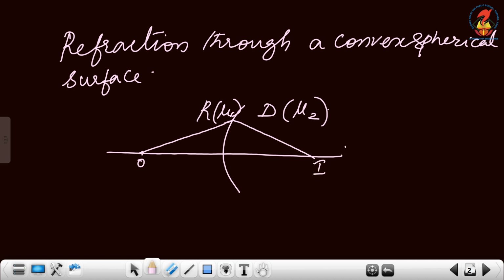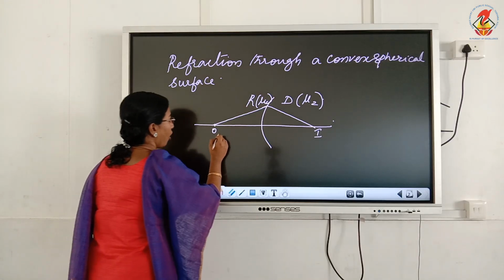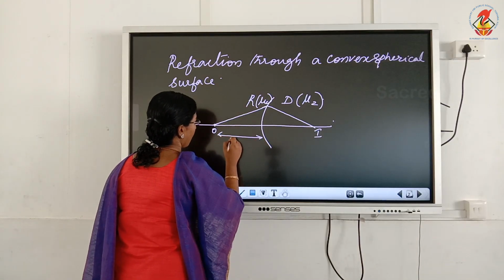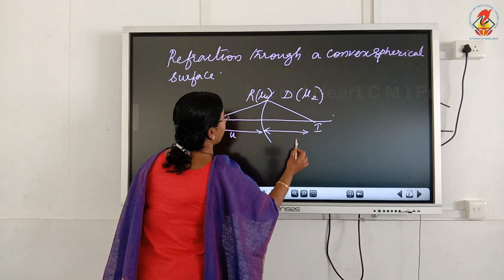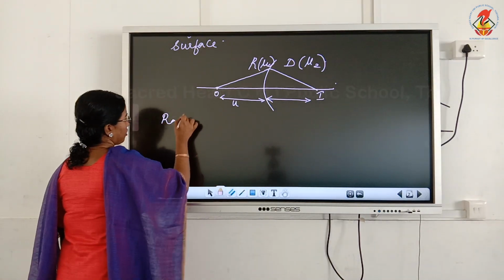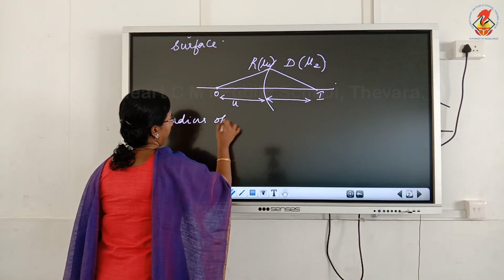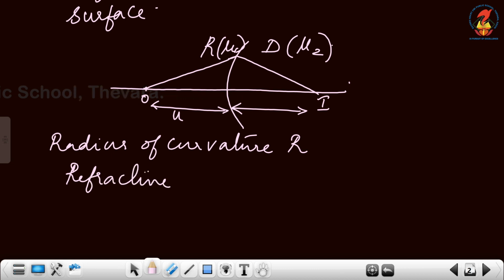And using this derivation, we found out the relation between the object distance u, image distance v, radius of curvature r, and refractive index of the medium.